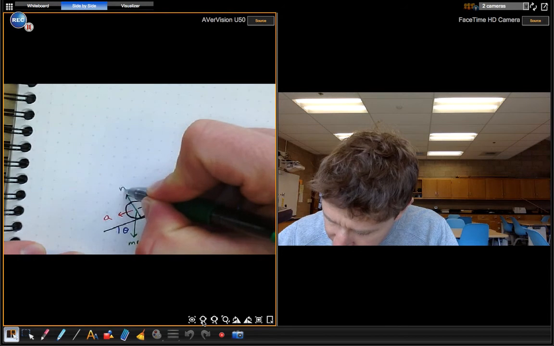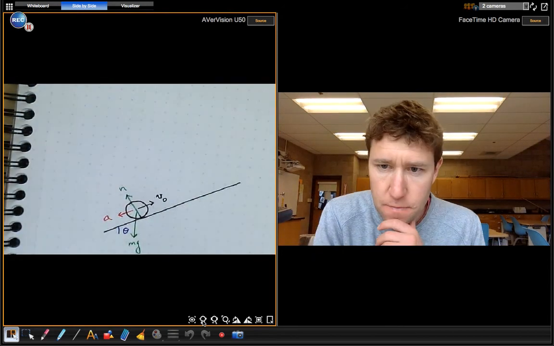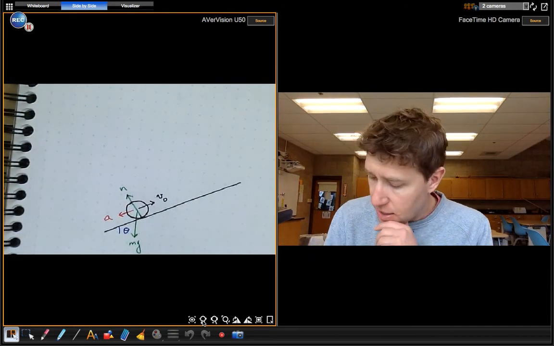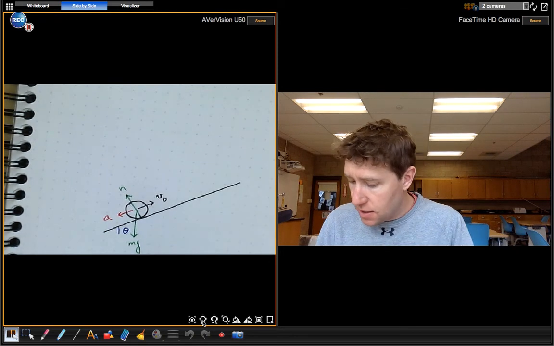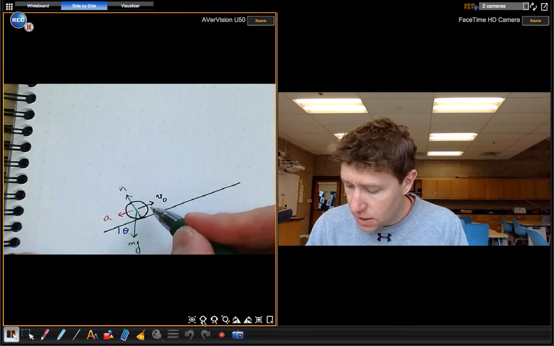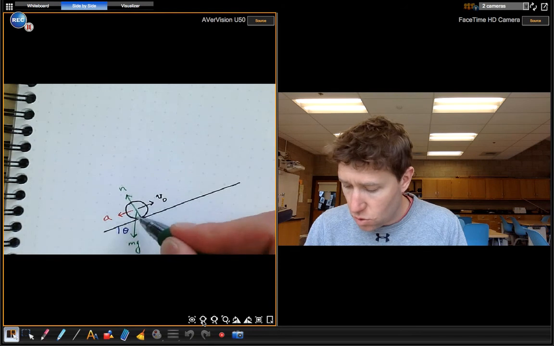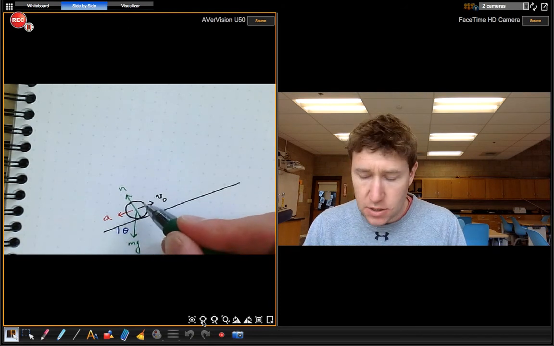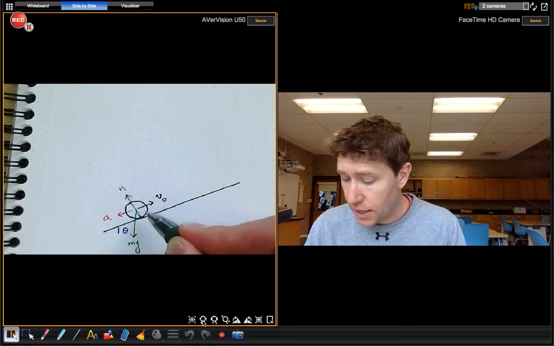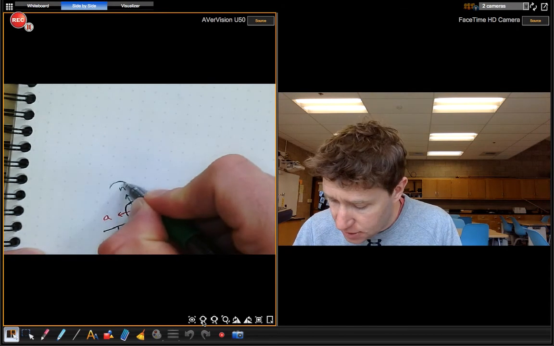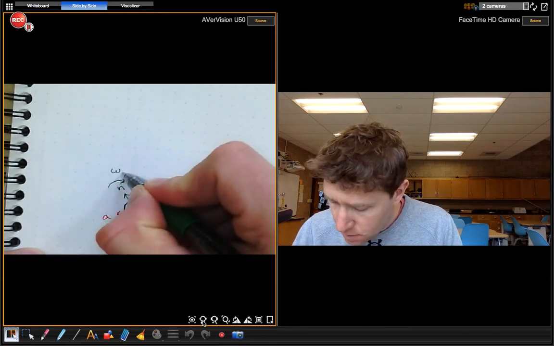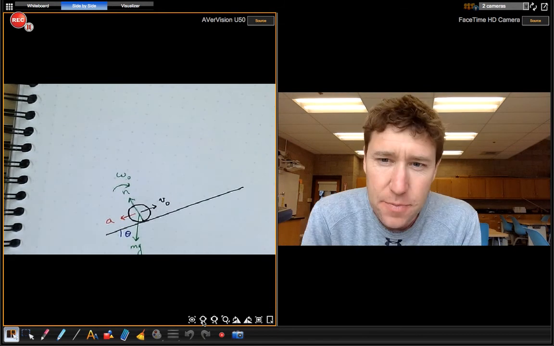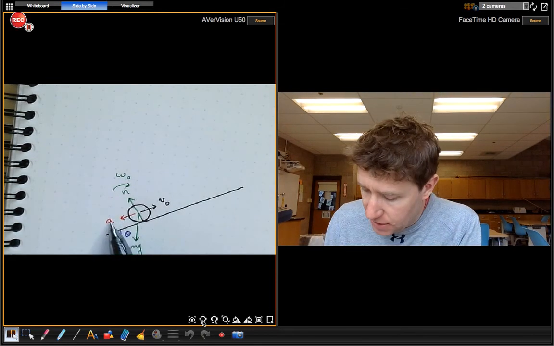And now I have to think about the direction of the friction force. Now, the initial omega of this disk is clockwise, which it has to be if it's rolling up the ramp. But that omega has to be decreasing because it's slowing down, right?